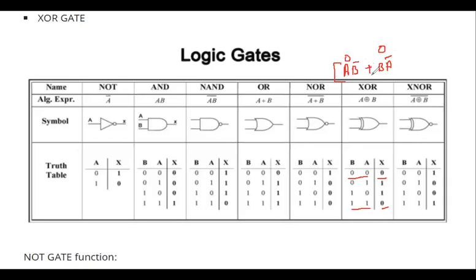Now what about XNOR? Again, whole bar. Just put one NOT. I hope all of you understood this truth table. This was quite easy.